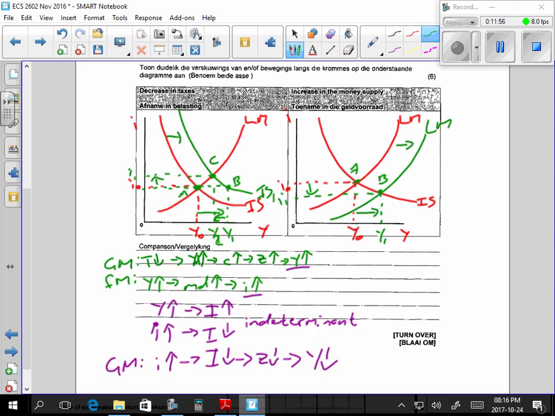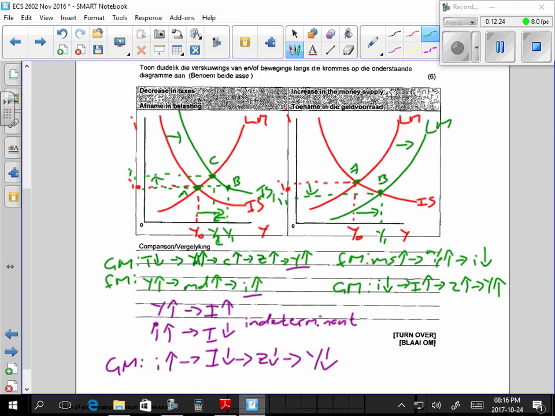The chain of events start with your financial market. Money supply increases, which increases real money, money over price, and therefore decreases the interest rates. In your goods market, decreasing interest rate increases investment spending, the demand for goods increases, output and income increase.